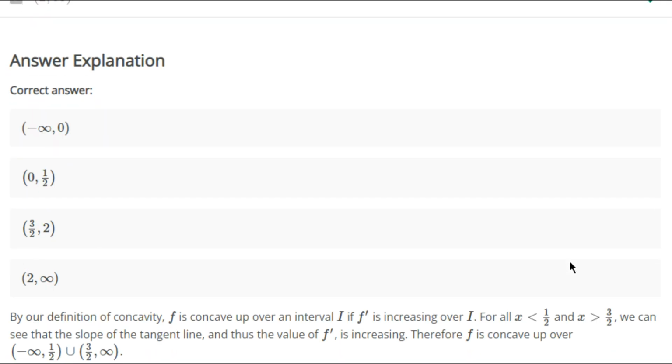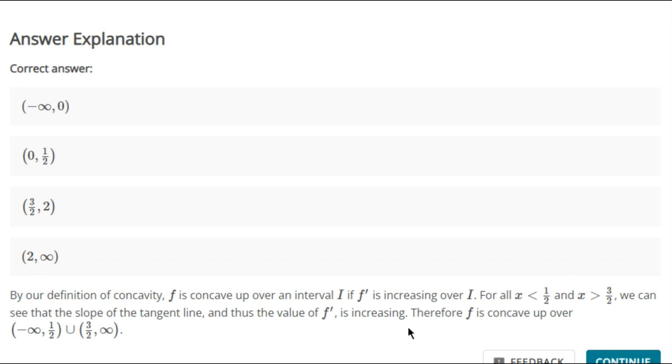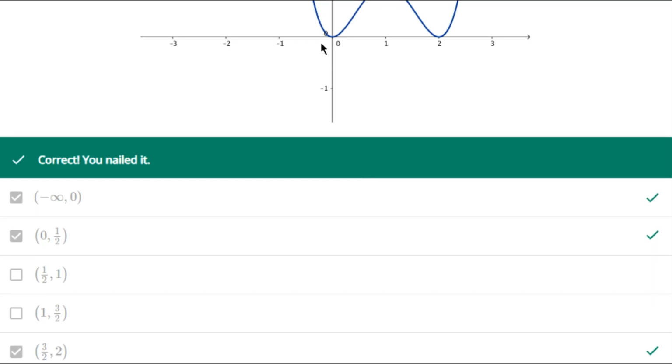Let's see, by our definition of concavity, so this is why they had to exclude those. They're strange definitions. If f prime is increasing, you're going to tell me that it's not concave up when x is 0? I think you're wrong, because it absolutely appears to be concave up there.